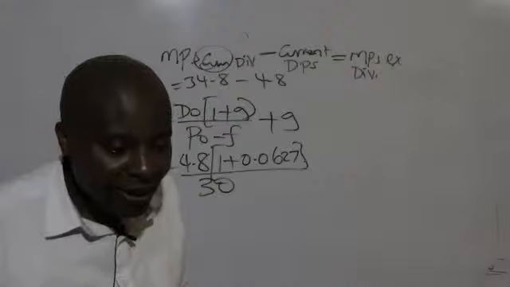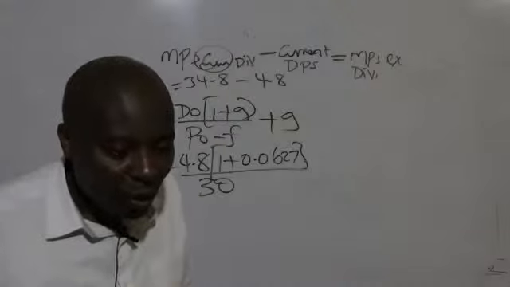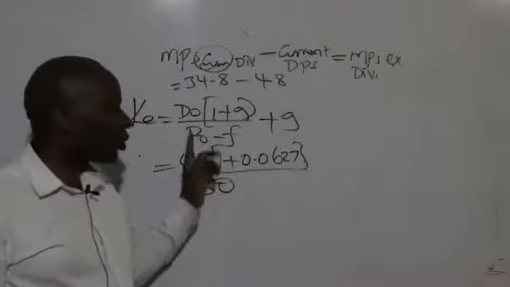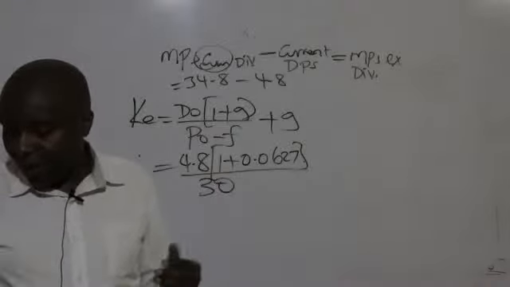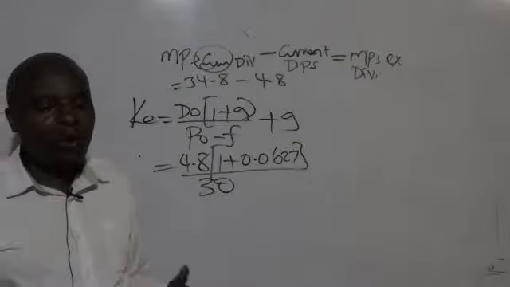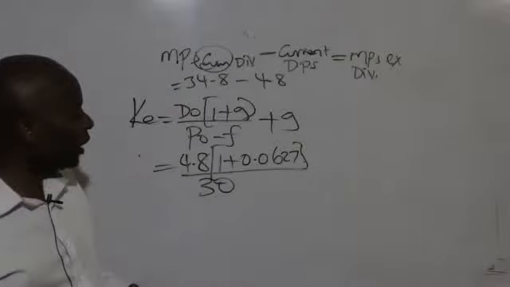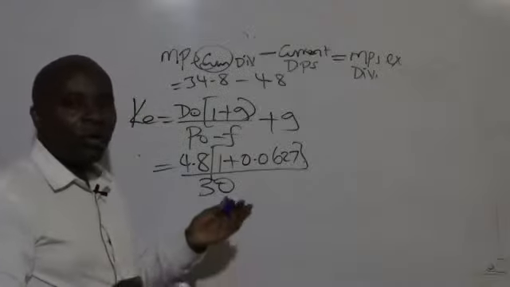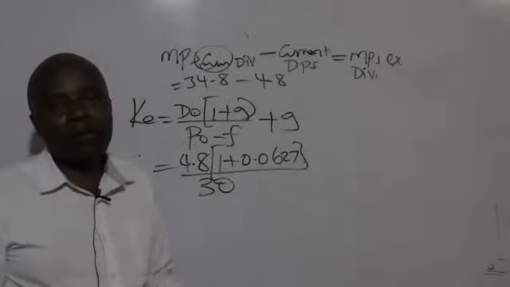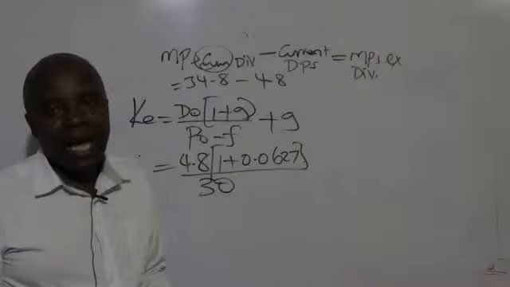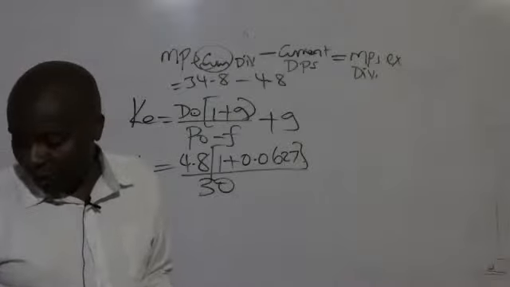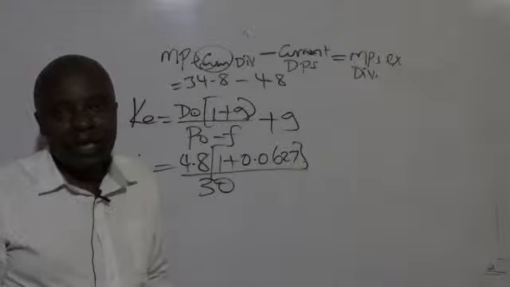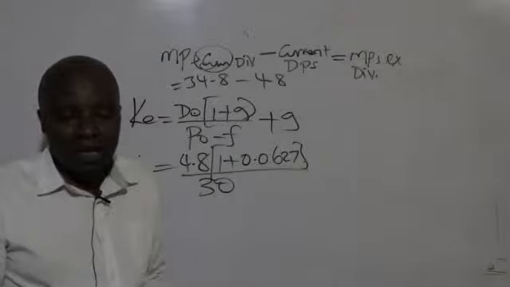Let us check D0. D0 is not supposed to be the oldest. The students will tell you that 0 stands for oldest, but no. The 0 stands for the most current dividend. Between the years given there, 2015 to 2018, the most current year is 2018. And what's its dividend? It's 4.8.